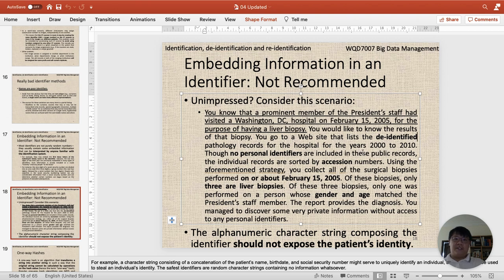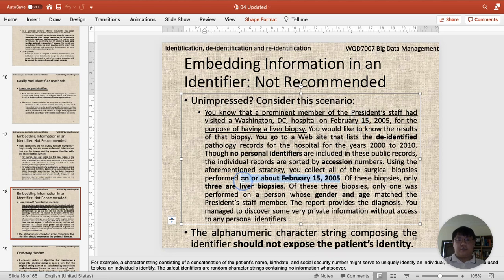Although no personal identifiers are included in these public records, the individual records are sorted by accession numbers. So using the aforementioned strategy, you collect all the surgical biopsies performed on or about February 2005. You choose this because you know the president's staff member is going for a liver biopsy on this particular date.